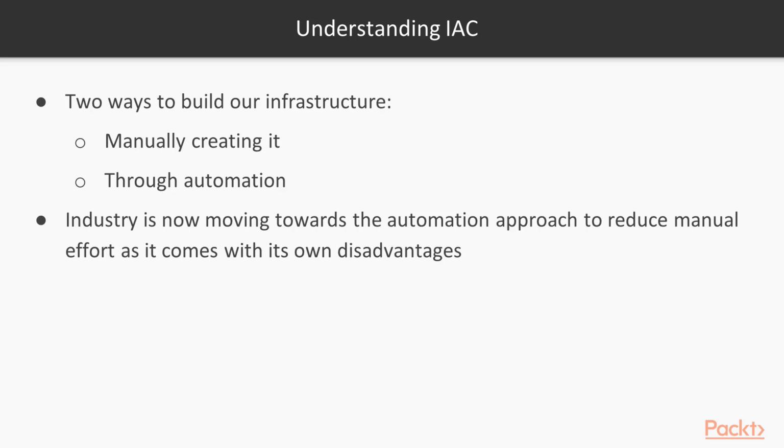So the industry is now moving towards automation because it reduces the amount of manual work and the amount of errors that one might make during the manual creation of infrastructure. So let's go ahead and understand more about infrastructure as code and why exactly the industry is moving there.